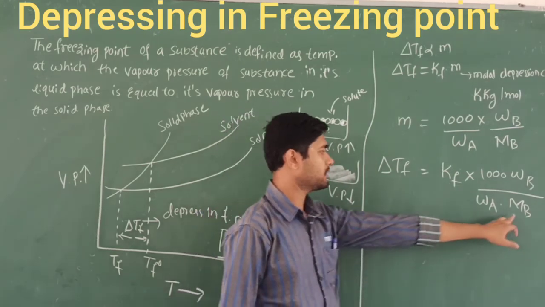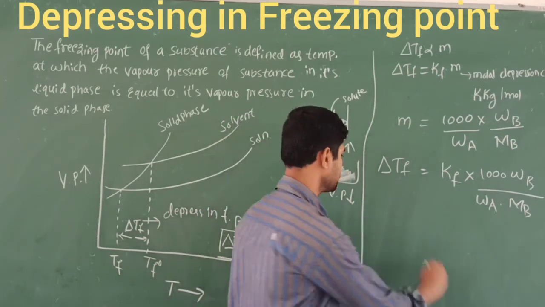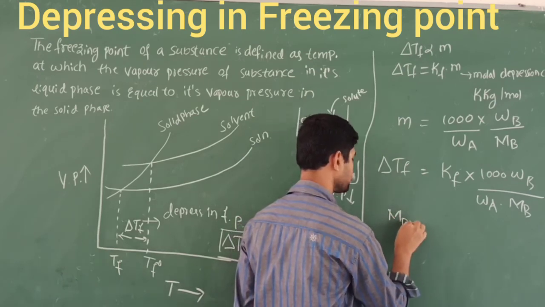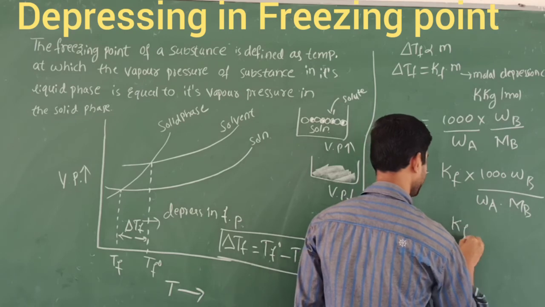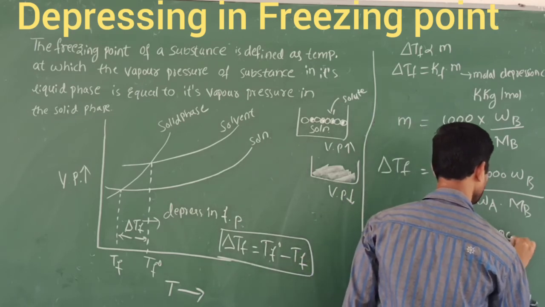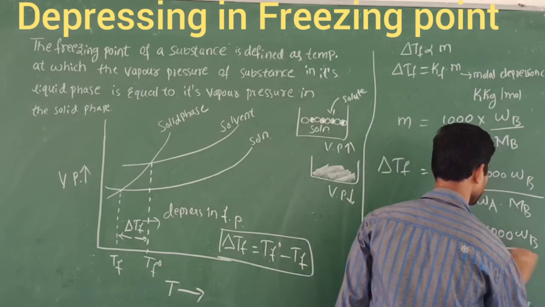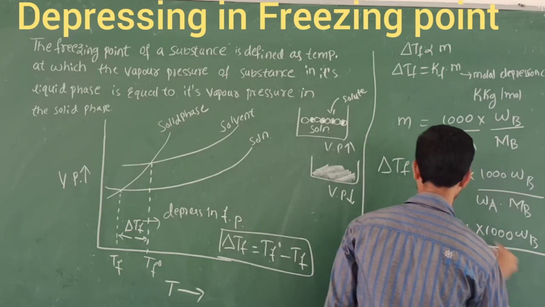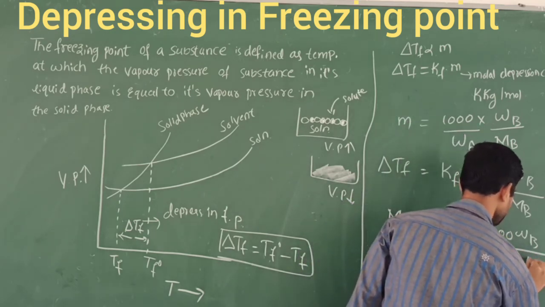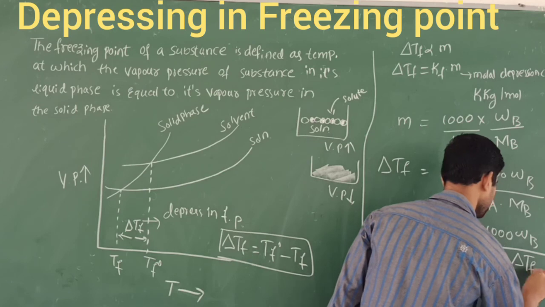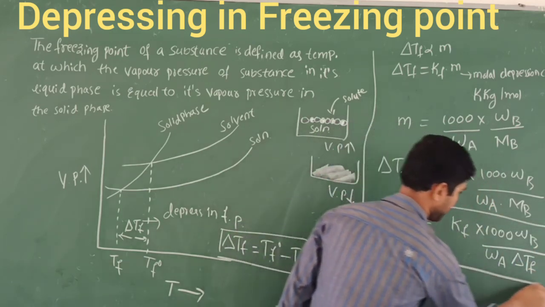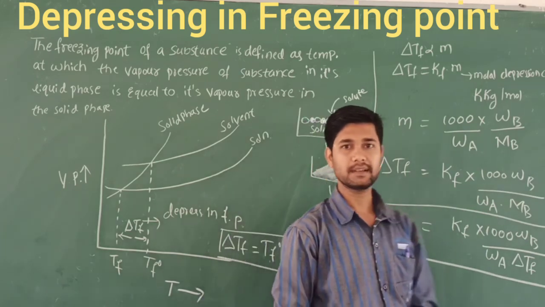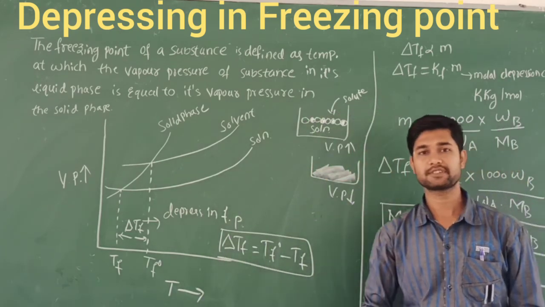So now I get Mb, the molar mass of the non-volatile solute, equal to Kf into 1000 into Wb divided by Wa into delta Tf, which comes to the denominator. So this is the formula. This is about the colligative property of the freezing point.